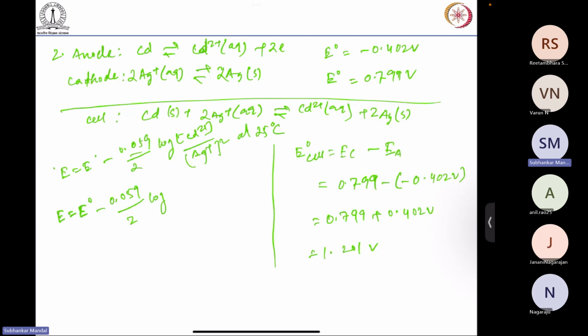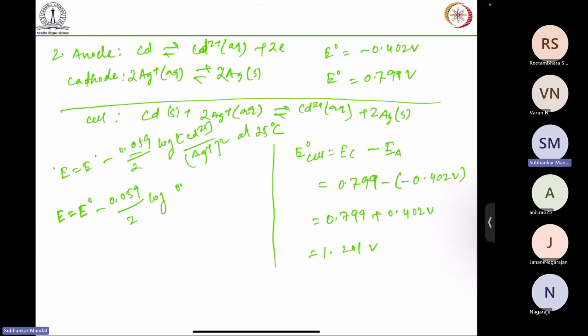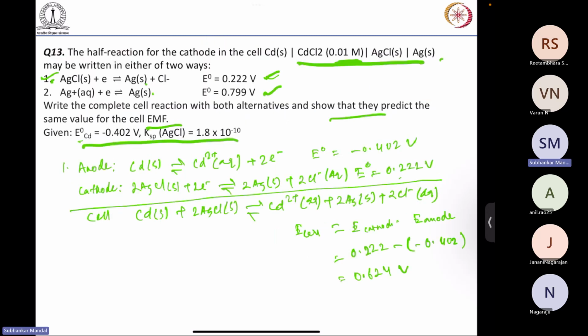So the cadmium 2 plus concentration, how much is it given? Here 0.01. Okay. Now the Ag plus concentration they did not give.